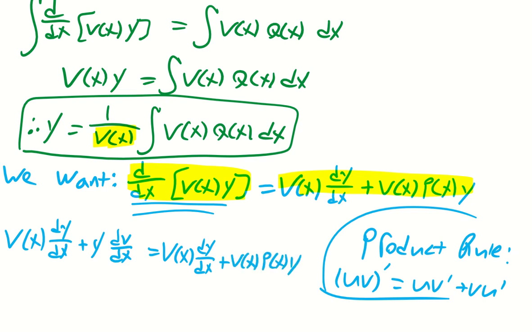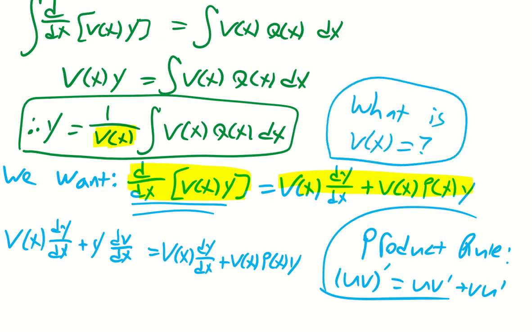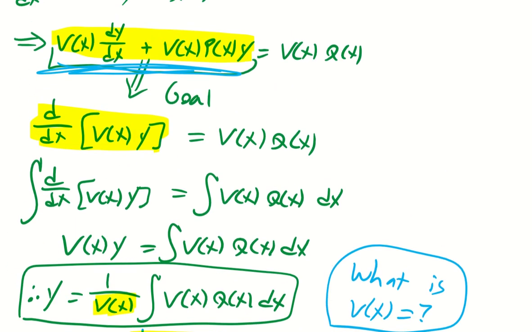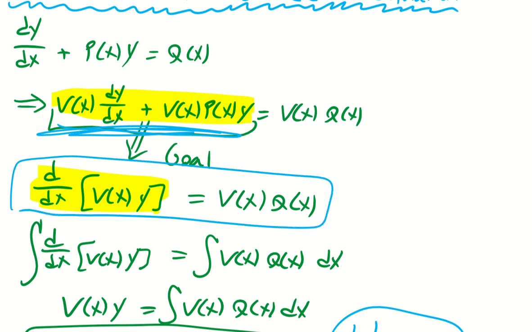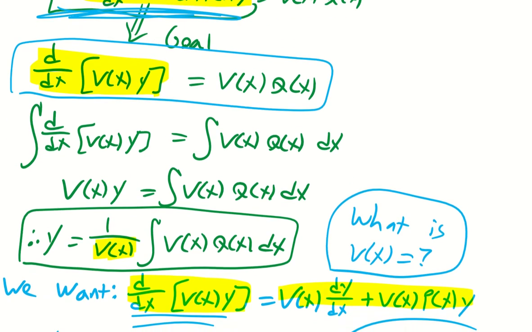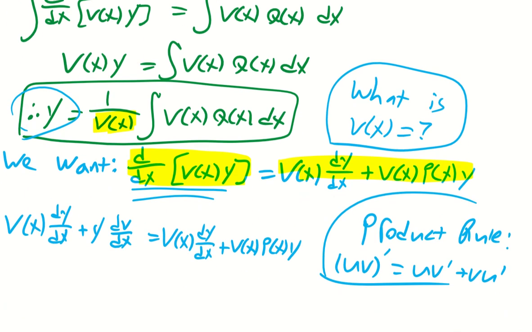So the question is, what is v of x equal to? Because that's our integrating factor. That's what allows us to transform the equation into something like this so that we can easily solve for y. All right.